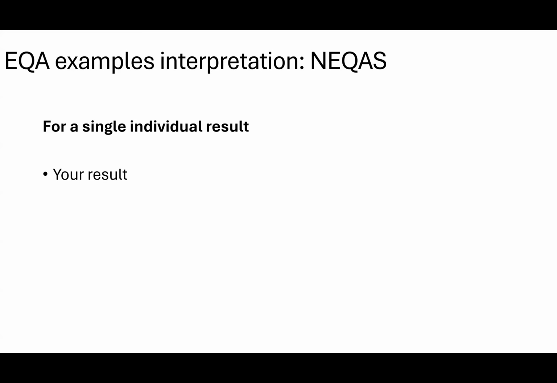You get your result, so you can check you haven't made a terrible transcription error. So you think you did a sodium of 142 and you wrote it in, but actually it turns out that someone typed in 122, then you know there's been a transcription error. So they tell you what your result was. They then give you the percentage bias, and they calculate this by your result minus what they say the target is, divided by the target, times 100.